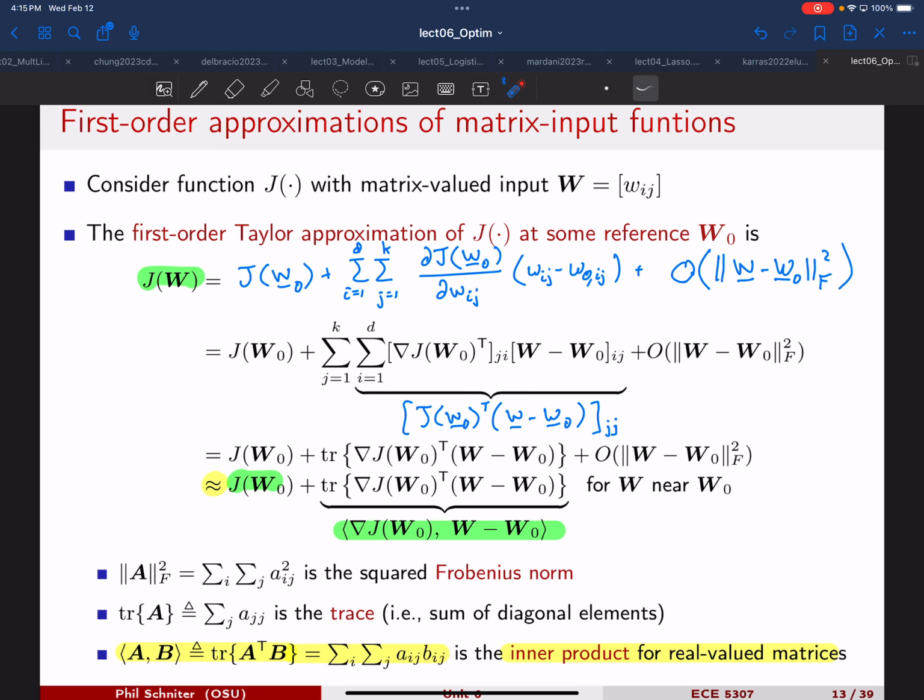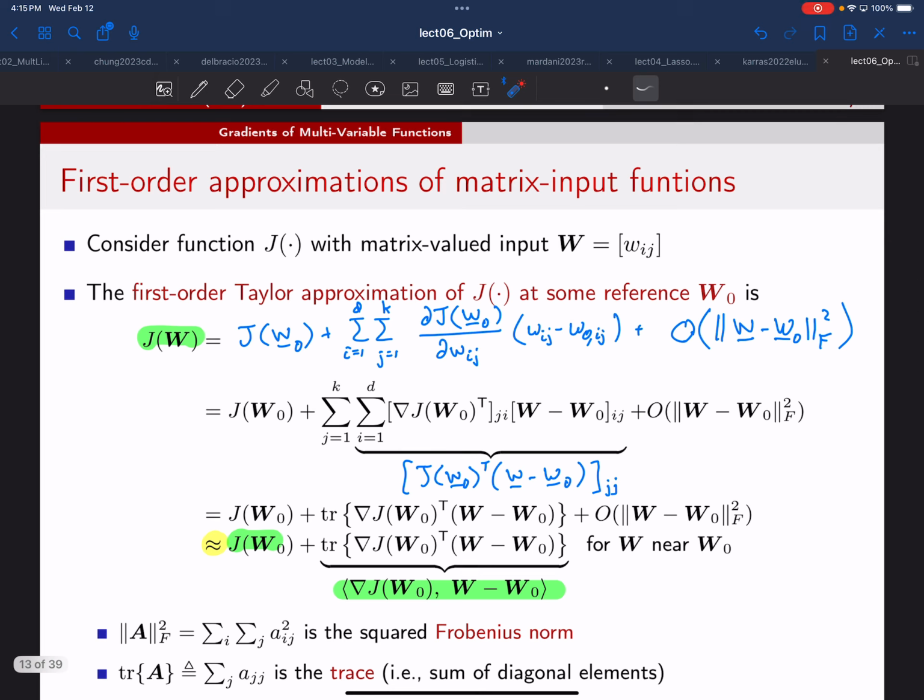Well, let's talk about the definition of linearity. When we say that a function f is linear, it means that if you take a scalar combination of two inputs. Here I'm talking about matrix input f.